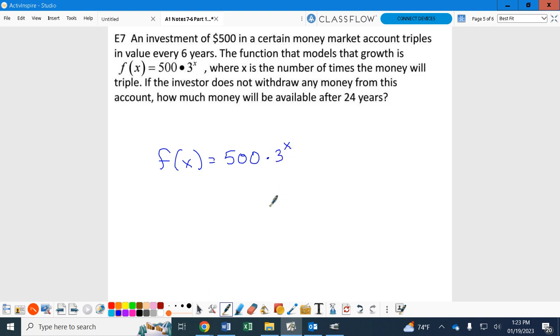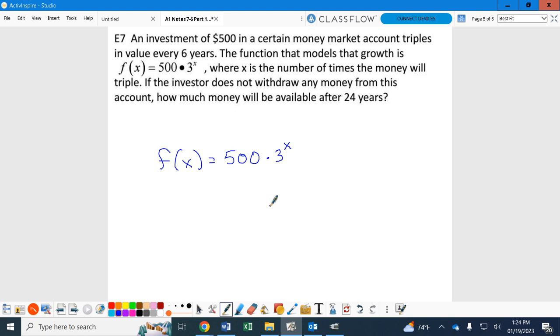They've written it out. $500 triples, so times 3, and they want to know every how many years. You've got to put that up there: triples every 6 years. It says, where x is the number of times that the money will triple. If the investor does not withdraw any money from this account, how much money will be available after 24 years?